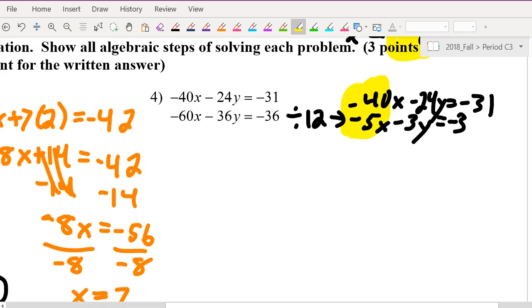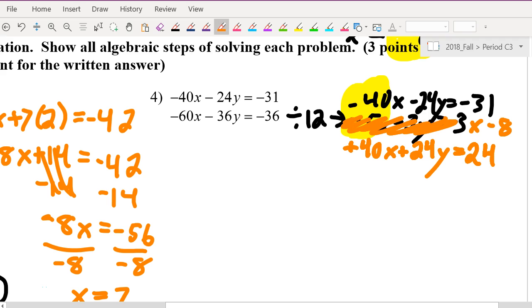So we practiced that for an entire day. Negative 8. So times negative 8, what do we get? Positive 40x. So 8 times 3, everybody? 24. Okay, good.